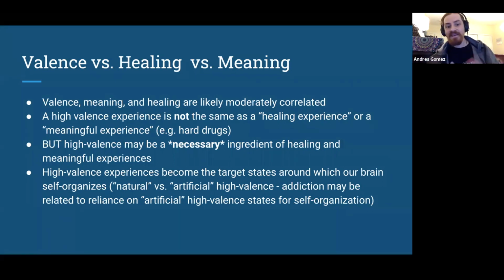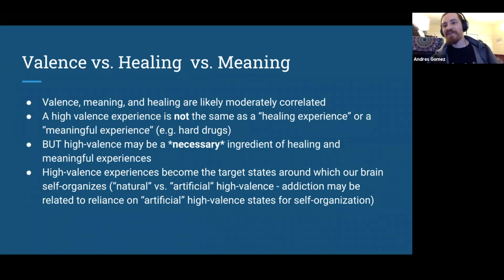Whereas something like meditation or even psychedelics, because their tolerance mechanism is very different, might be high valence, highly meaningful, and also healing experiences. So I just want to say that high valence doesn't entail healing. You might ask, why are we so interested in this? But I would say that high valence is a necessary condition for deep healing.